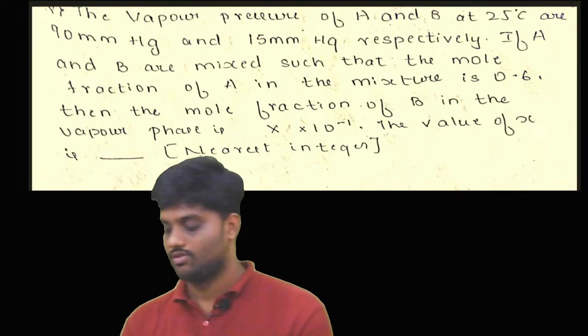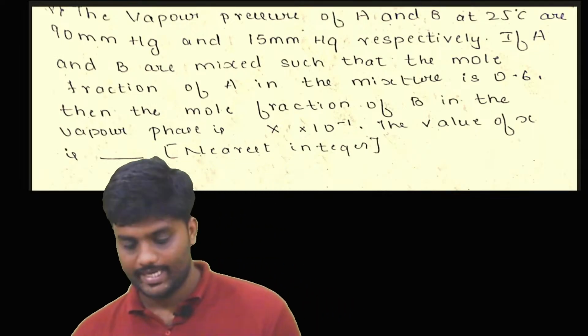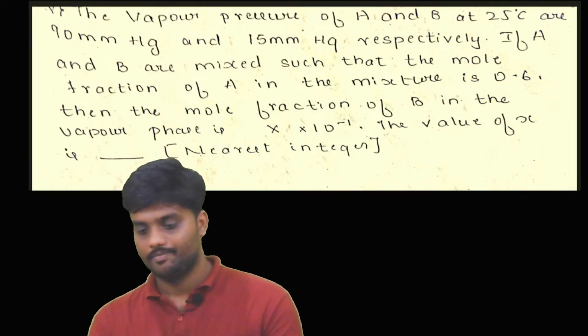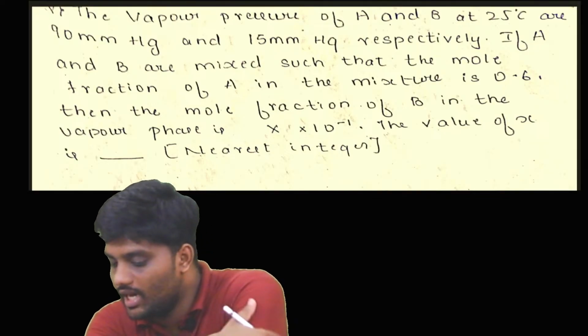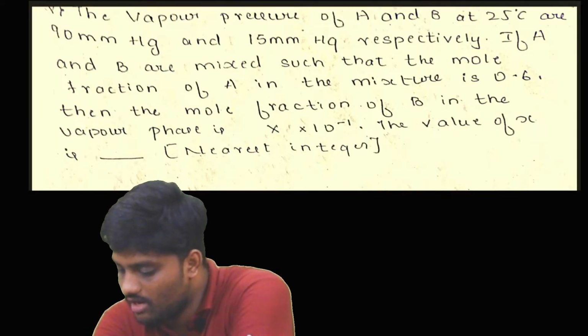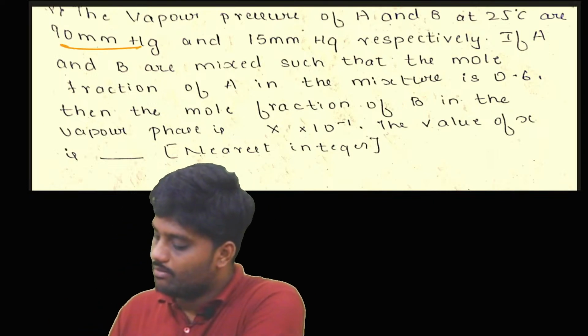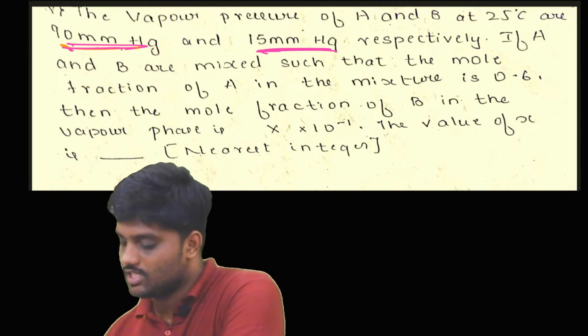Come to this question. Can anybody tell? The question says the vapor pressure of A and B at 25 degrees Celsius are 90 mmHg and 15 mmHg respectively.